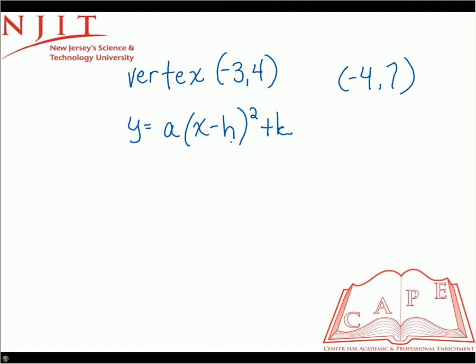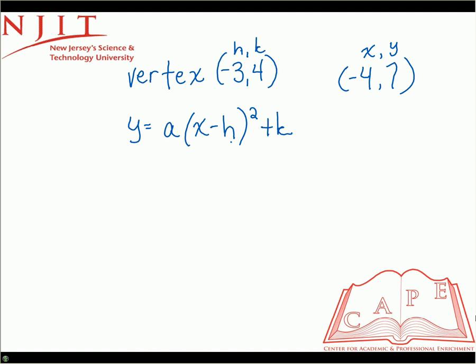So we're going to use the first point and just replace it. The additional point, (-4, 7), is just any point on the parabola, so you can replace this for x and y. And then this will be h, k. So all we're going to do is take those 2 points and fill them into the equation: x and y, and h and k.